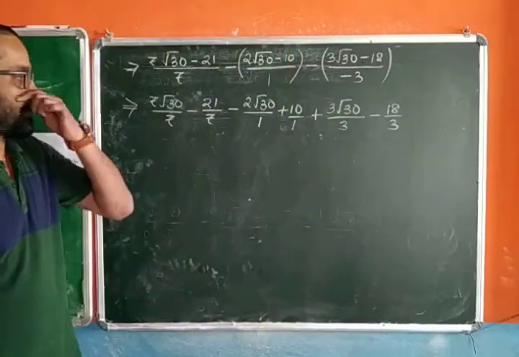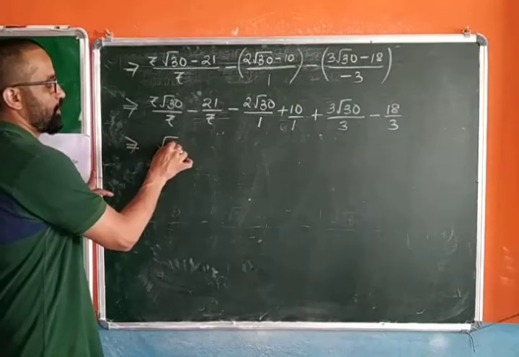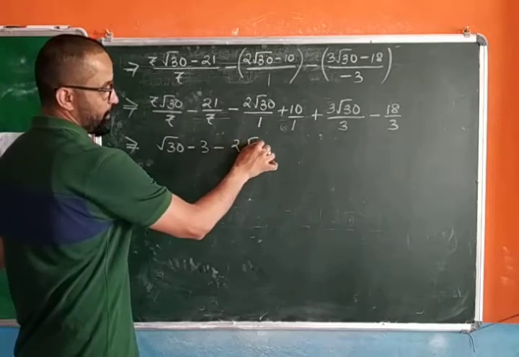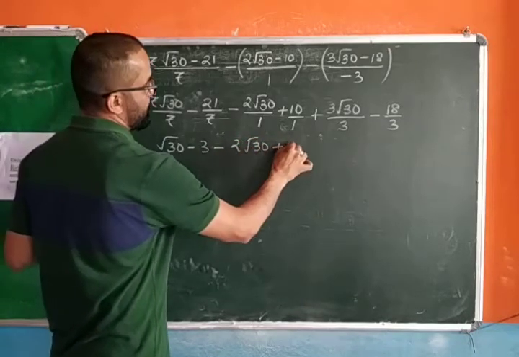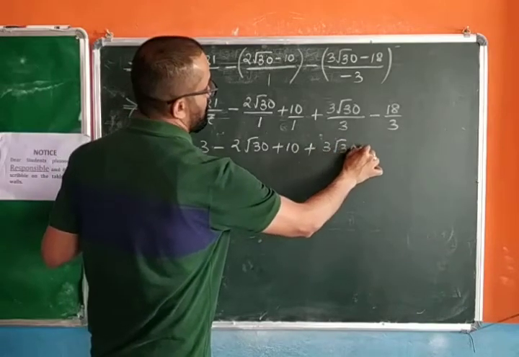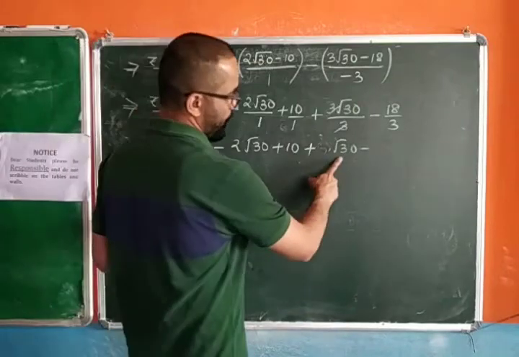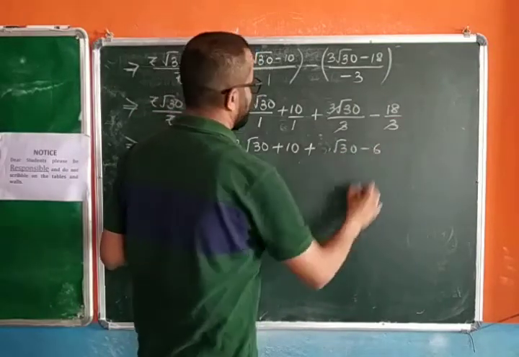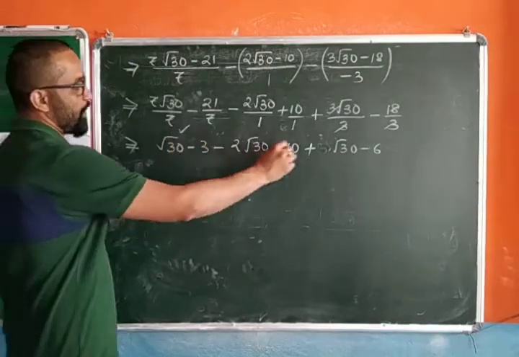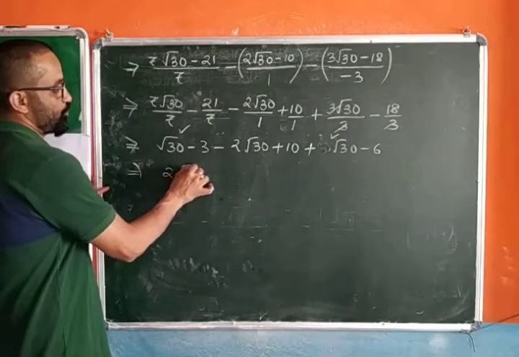Look at the calculation. We get √30 − 3 − 2√30 + 10 + √30 − 6. Now simplify it. Look at these terms: √30 terms are positive, add it up, it is 2√30.